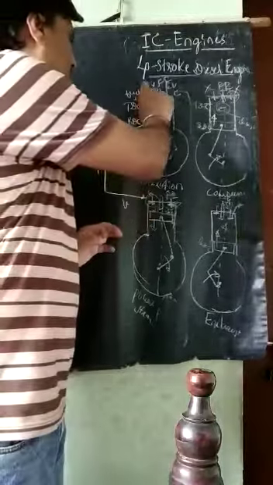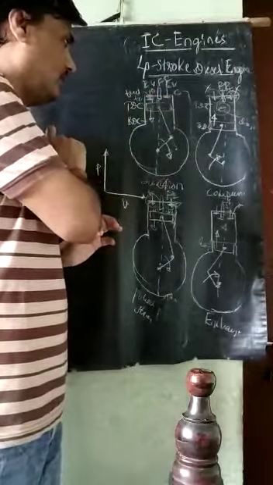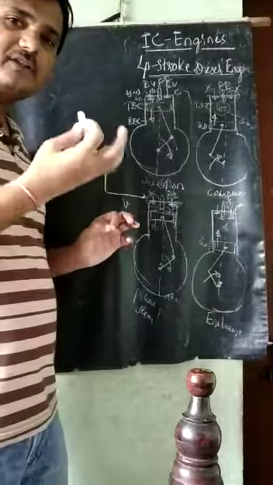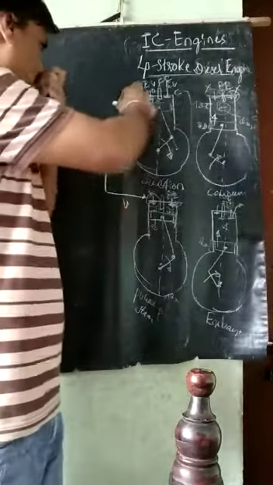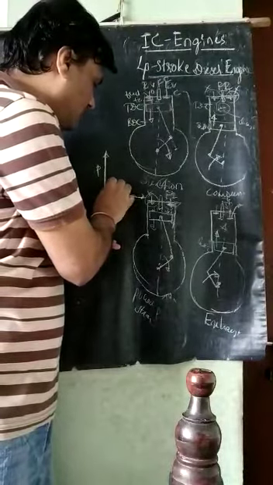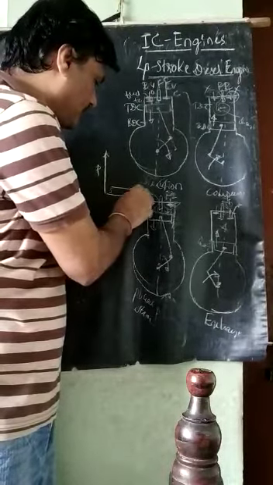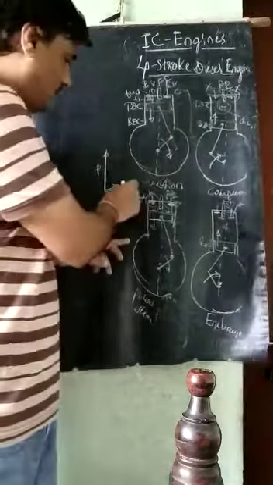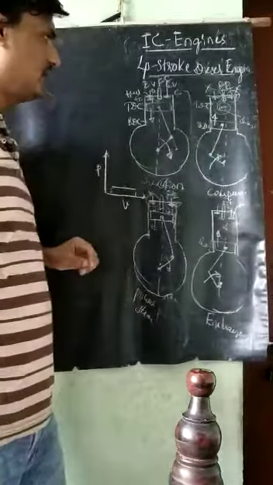Why is it coming? Because of the suction, negative pressure, it moves from higher pressure to lower pressure. It is shown here as the S21 process.